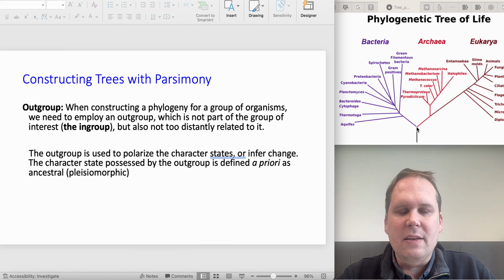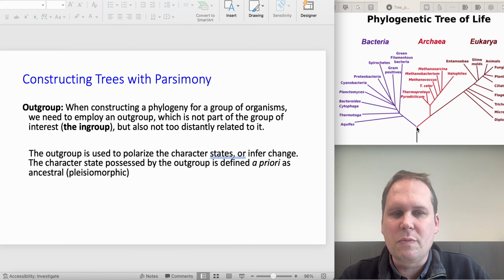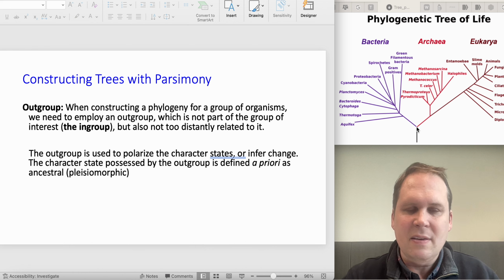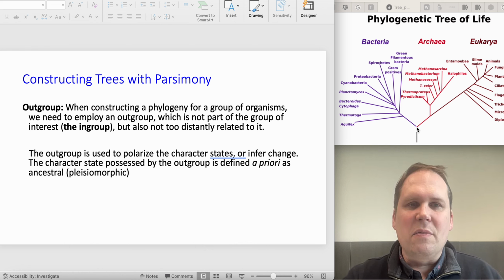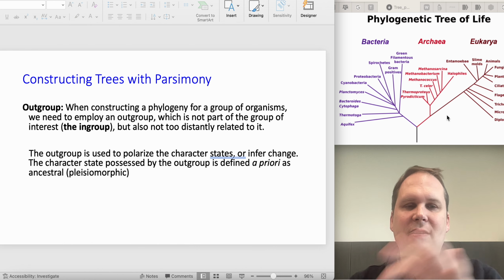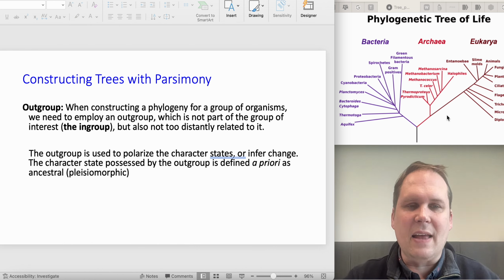When you're looking at a tree, what you have to remember is that if it is an unrooted tree, so if they haven't done careful work to establish where the root should be and shown that with math and numbers and science, then really any topology is possible. So it's equally likely that the root is right here between spirochetes and proteobacteria, and that everything else is a descendant from that.